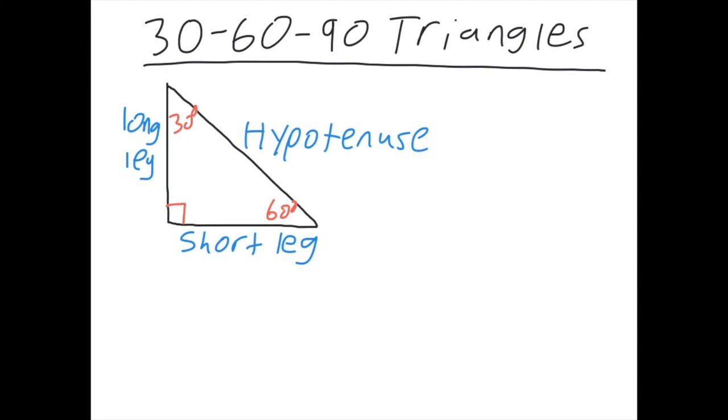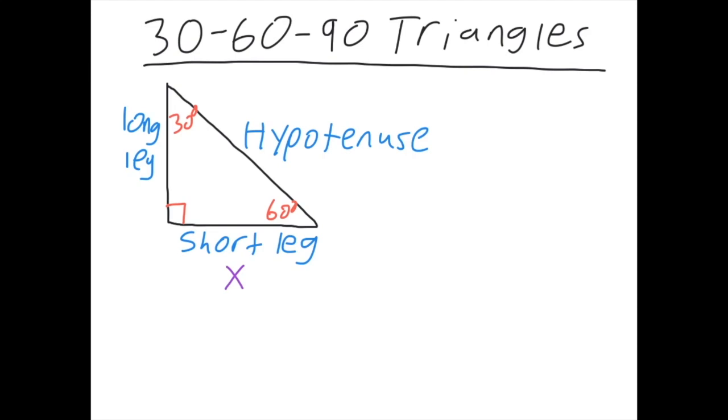So in a 30, 60, 90 triangle, the measurements of the short leg, long leg, and hypotenuse are all related to each other. So let's say that the short leg is x. If we know what the short leg is, we can find out what the hypotenuse and the long leg are.